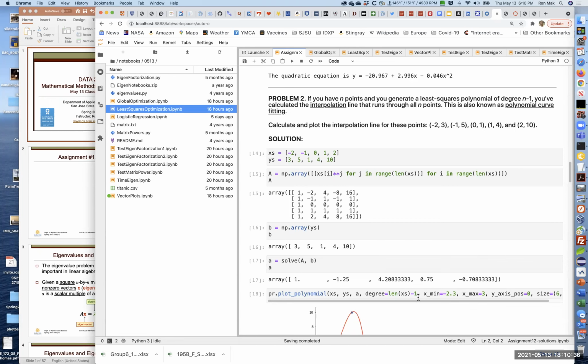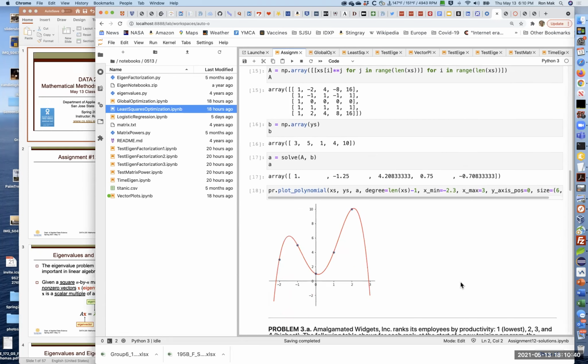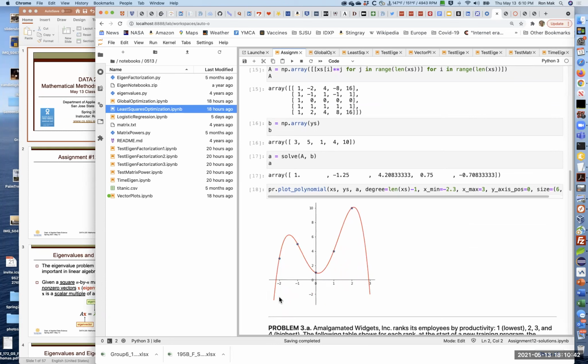If we plot it, as I said, you end up with an interpolation line, and you see it winds and twists to go through all the points. This gets kind of dramatic if there are more points. If we had 10 points, you'd have a 9th degree polynomial, and you'll see it really twisting and turning to go through all the points. So this is an interpolation line.